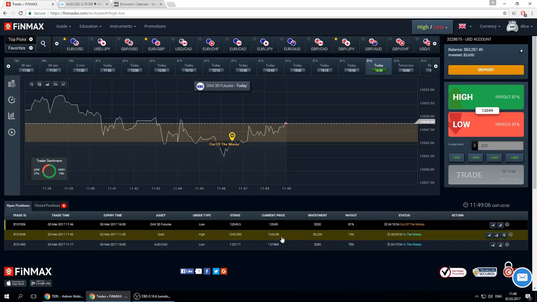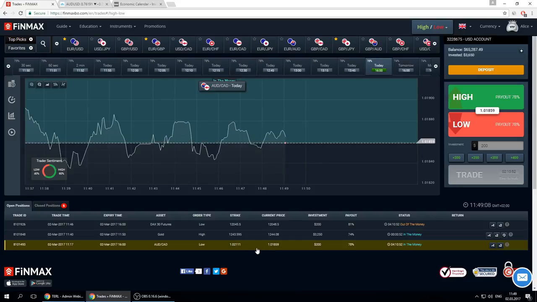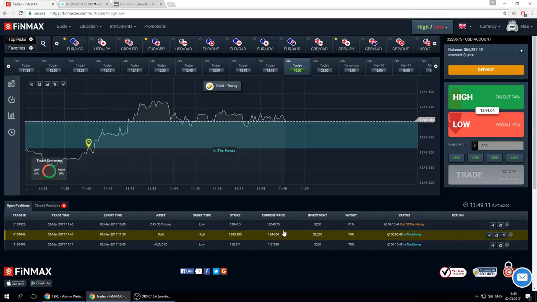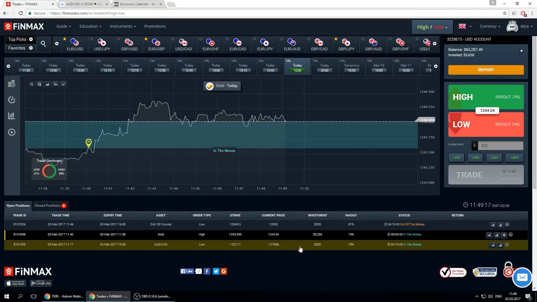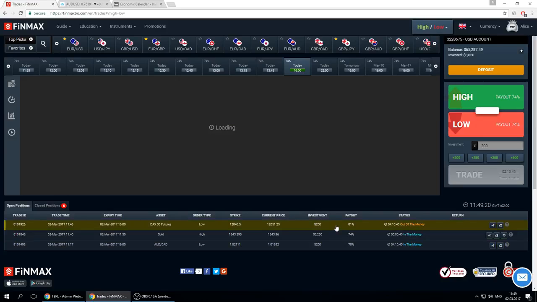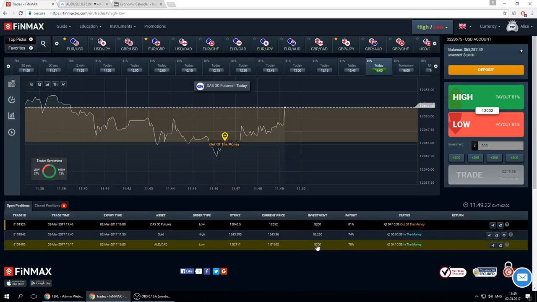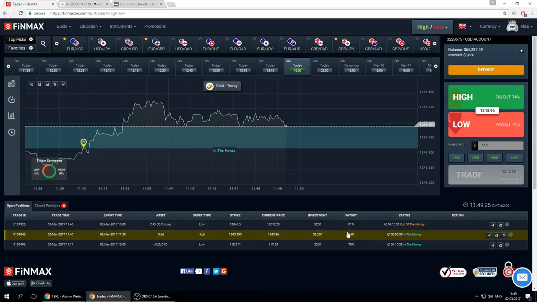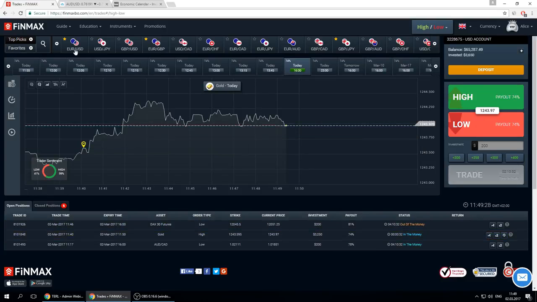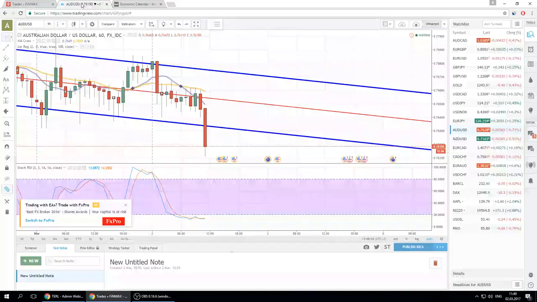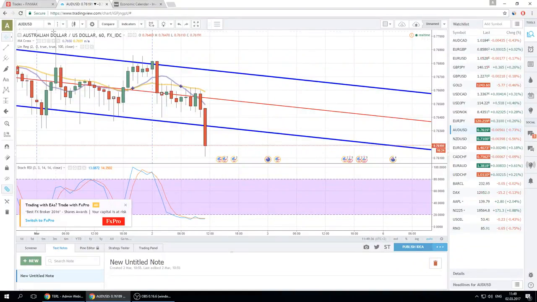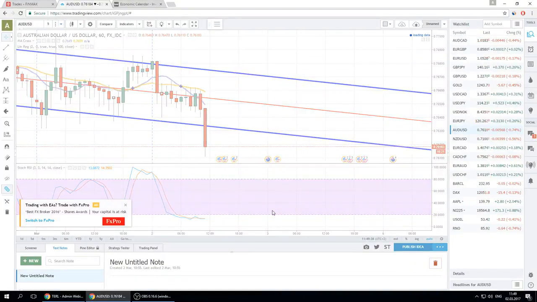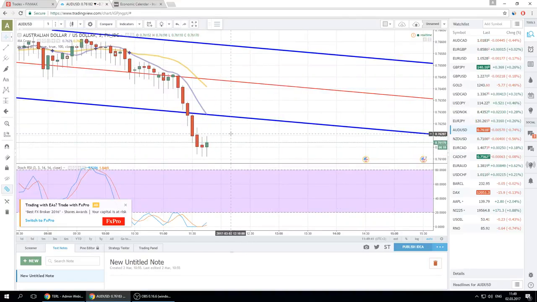So right now, what do we have? One trade for Australian for low, one trade for gold for up. That's number 3 in the sequence, and also the trade for DAX for low, which will also expire in 4 hours. So let's see what will happen with the gold. And after that, if you wish, you can open the trade for 5 or 15 minutes for Australian dollar to American dollar.